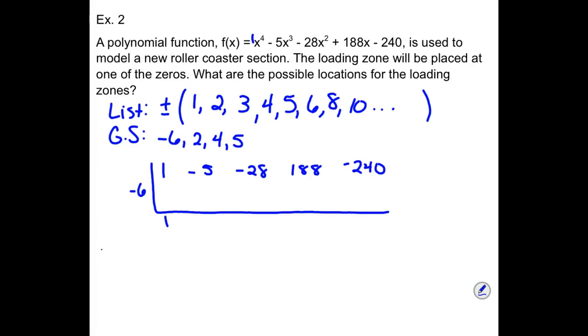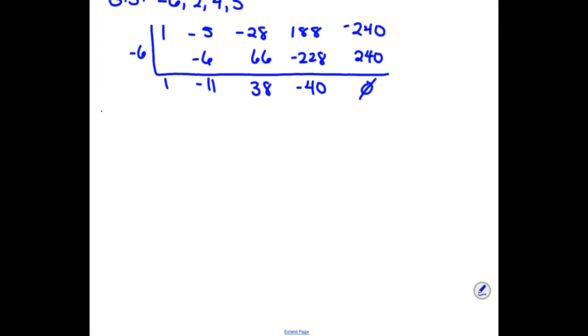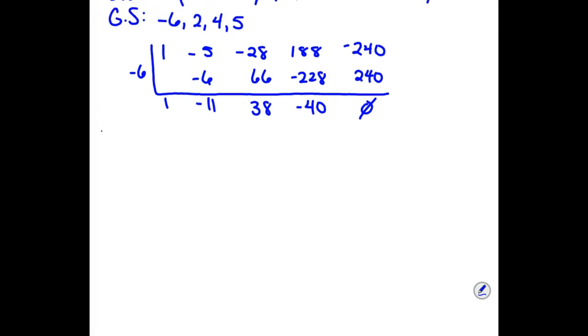I'm going to bring down the 1, multiply, and add. Multiply, and add. Multiply -6 with 38 is -228. When I add that, I end up with -40. And -6 times -40 is +240. So I have proved that that is one of the zeros. Then we're going to keep going. Our next zero is a 2.